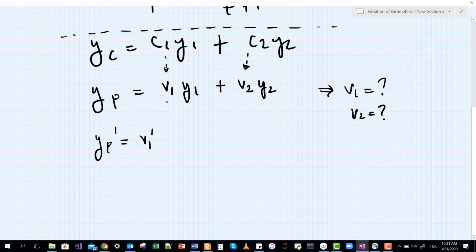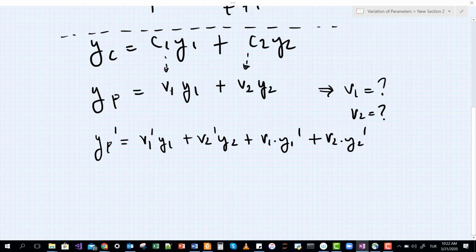As you see, this is a product, so I need to apply the product rule: V1 prime times y1 plus V2 prime times y2 plus V1 times y1 prime plus V2 times y2 prime. I'd like to keep them separate since I'm going to use some other algebraic technique to simplify my job. That's why I wrote it this way.